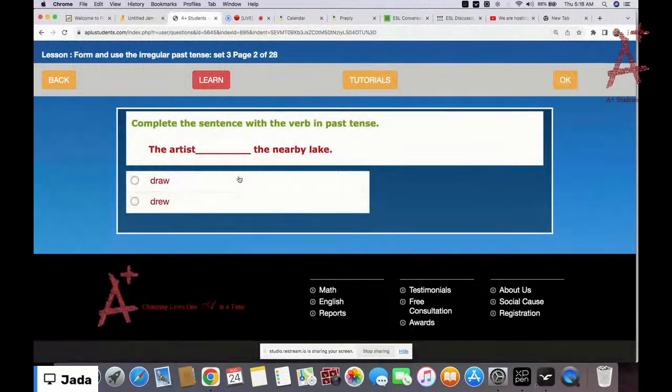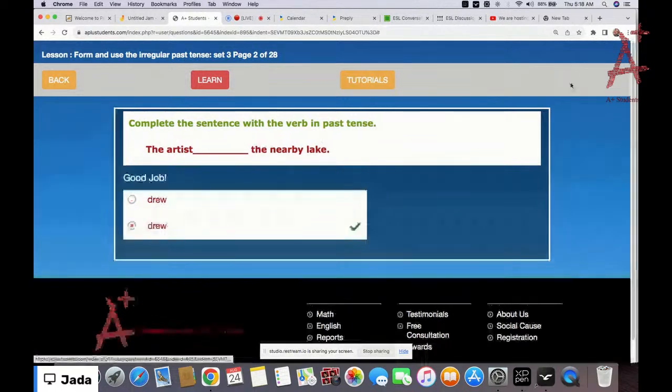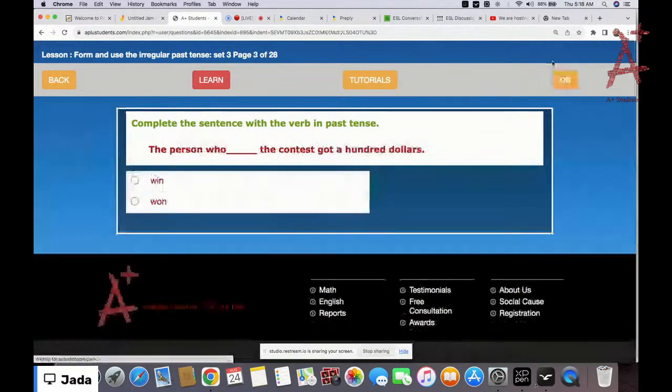Which one is gonna be the answer? So drew. Okay. So now we have the person who dashed the contest got $100. So is it win or won?